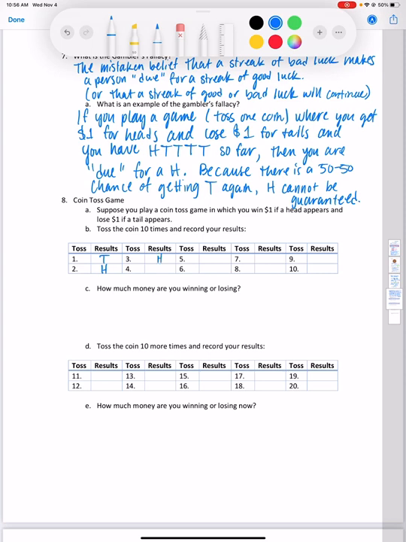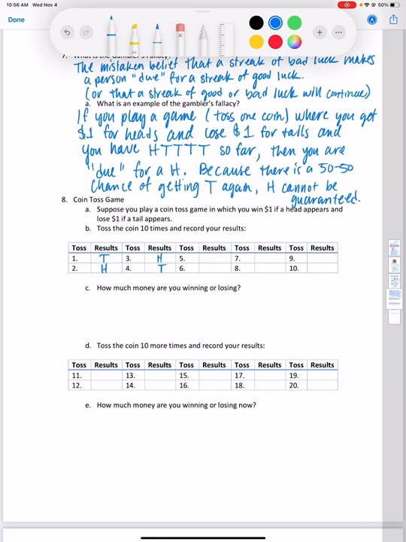Heads. Tails. Heads. Tails. Heads. Heads. Another heads. And another heads. All right.